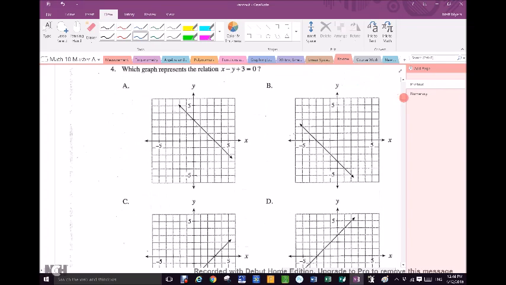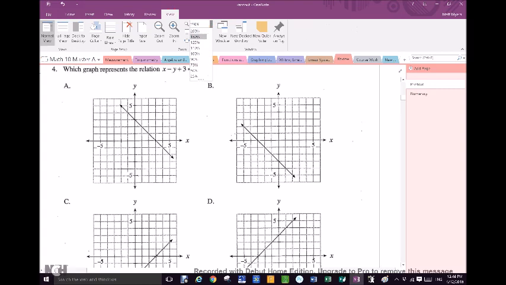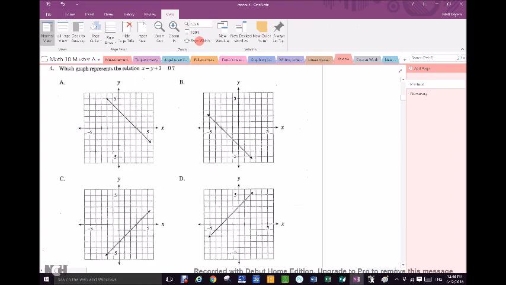There is the next question. One more. Equals 2x plus 2.